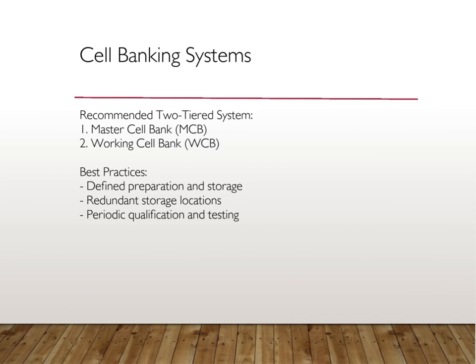Manufacturers should describe how often new banks are created, the expected number of production runs from each bank, and the criteria for bank qualification. Importantly, if culture changes don't affect product quality, you don't need to re-clone or re-bank. Flexibility is allowed, but the risk must be justified.